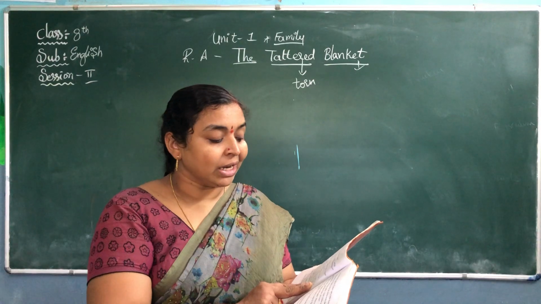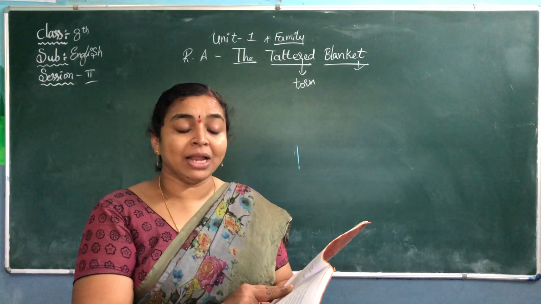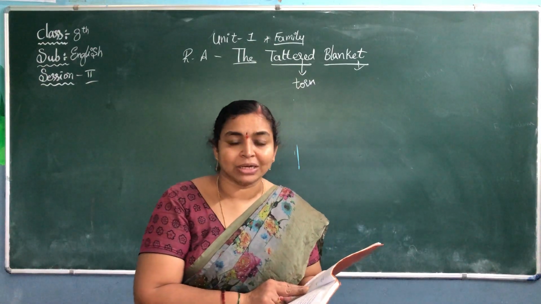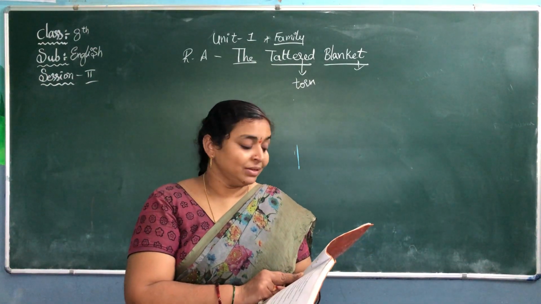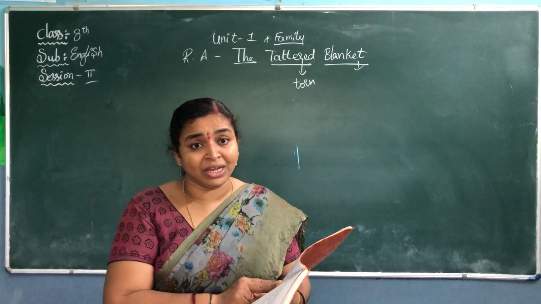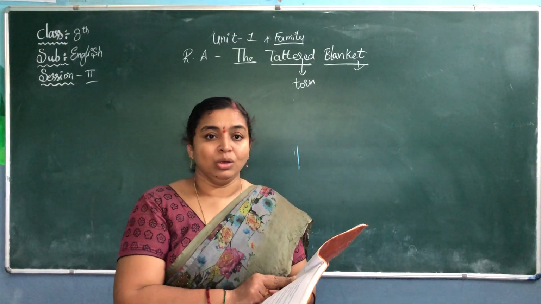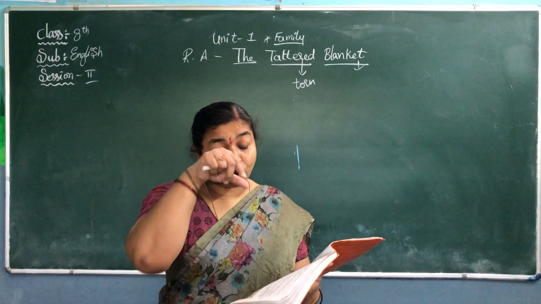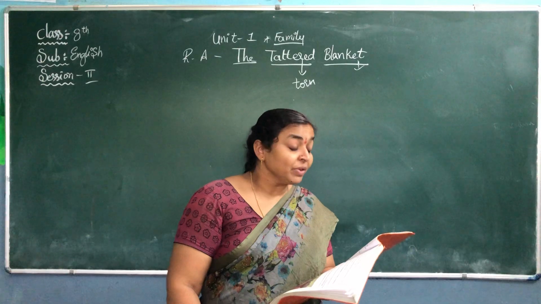"Why this sudden, unexpected visit?" Kamala, who asked this question? Kamala asked, to that person who is coming through the gate. Who is he? He is Gopi. Who is Gopi? Kamala's brother.